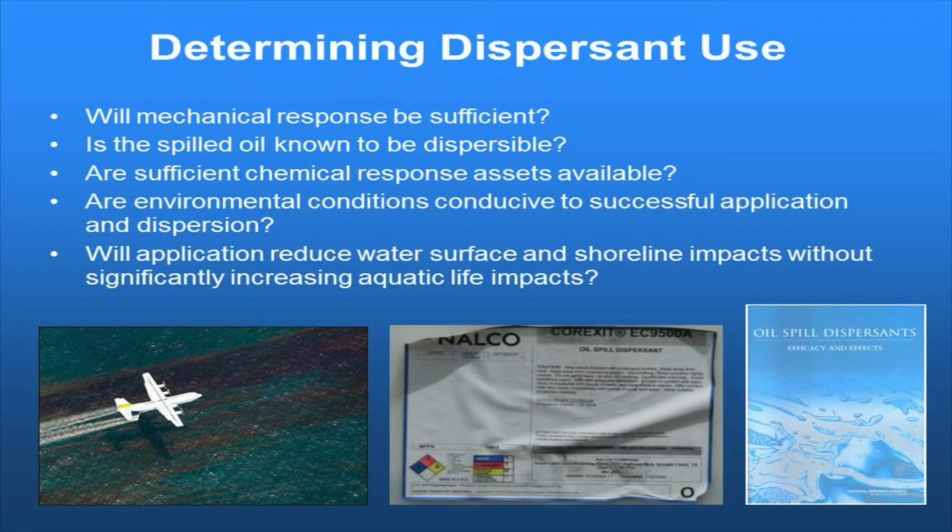Will mechanical response be sufficient? Obviously, that's your first choice. Is the spilled oil known to be dispersible? Are sufficient chemical response assets available? Are the environmental conditions conducive to dispersion? And this is the critical trade-off, I think: will the application reduce surface water and shoreline impacts without significantly increasing aquatic life impacts?